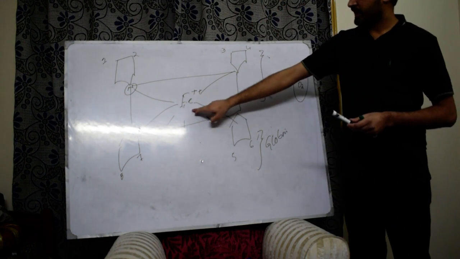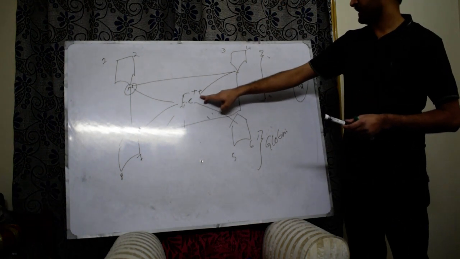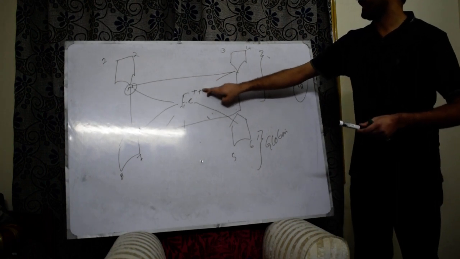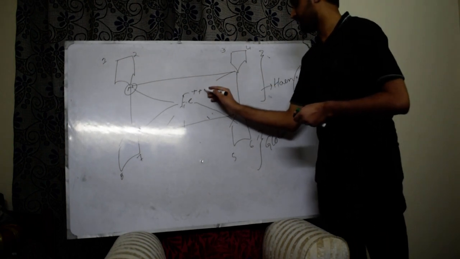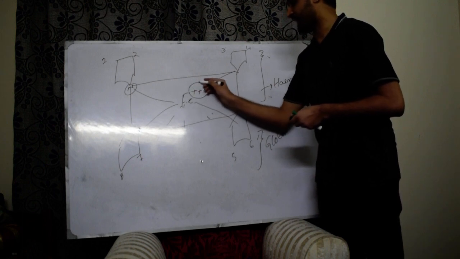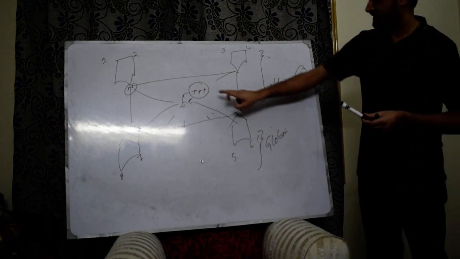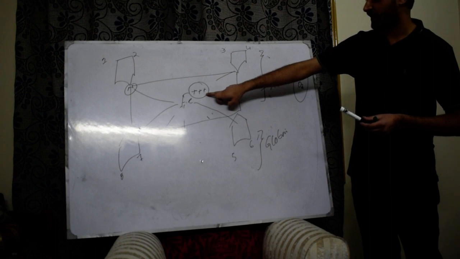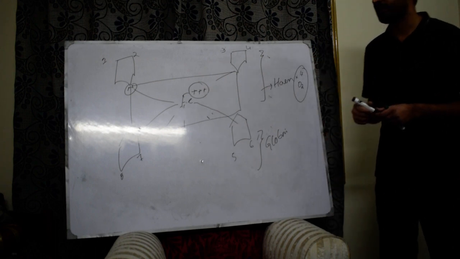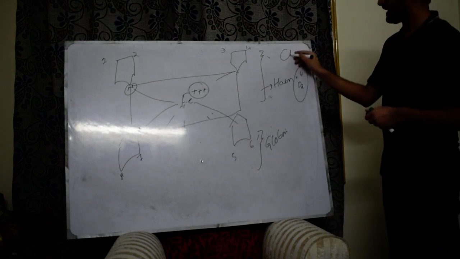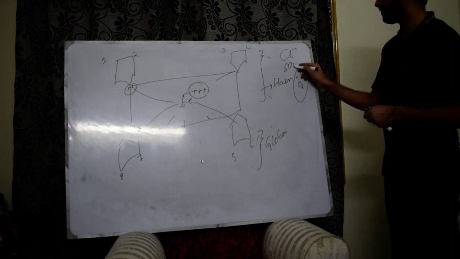If this iron is plus 2, it is converted and gets an extra charge. If it is plus 3, it means it has an extra charge. To overcome this surplus positive charge, it has to be attached with a negative molecule, most likely Cl negative or SO4 negative.